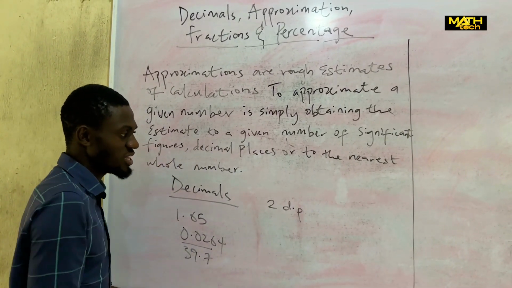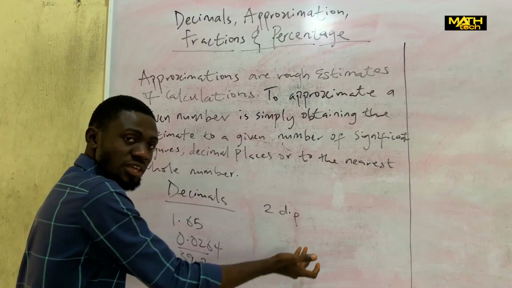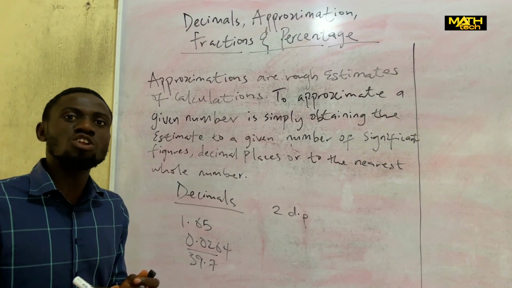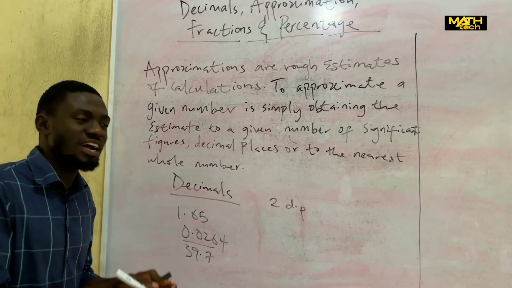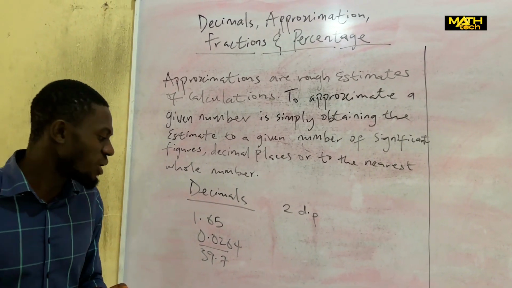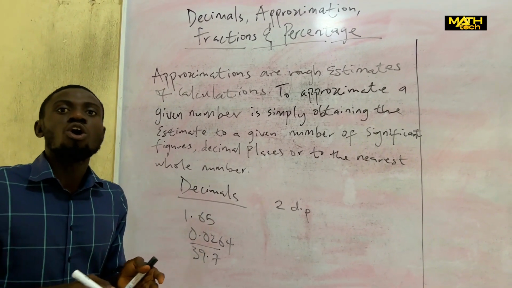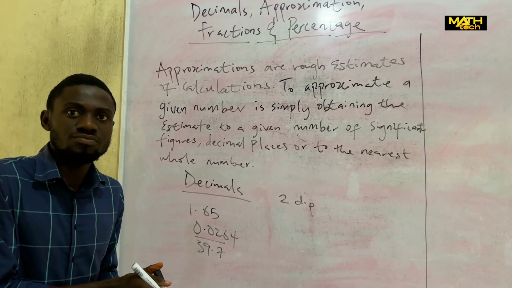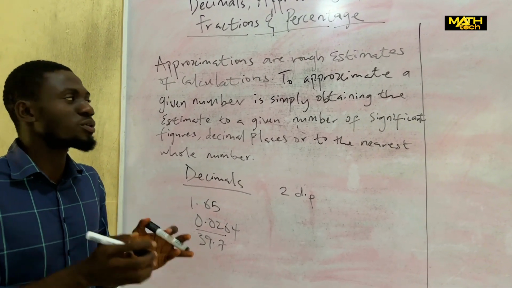You can see this mostly in exams, it is written like 2 dp. So it means rounding off the number to the nearest 10, or the nearest 100, or the nearest 1000. That is just the concept of approximation.